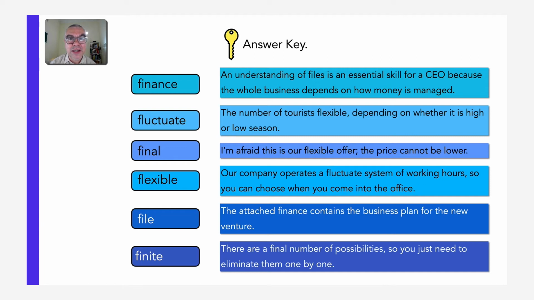Next is final. I'm afraid this is our final offer. The price cannot be lower. Flexible. Our company operates a flexible system of working, so you can choose when you come into the office. That sounds nice, doesn't it?